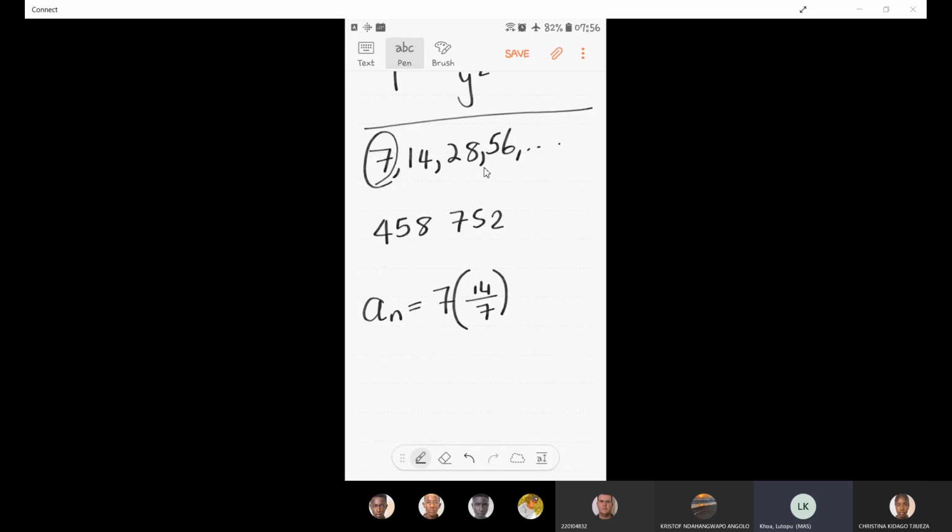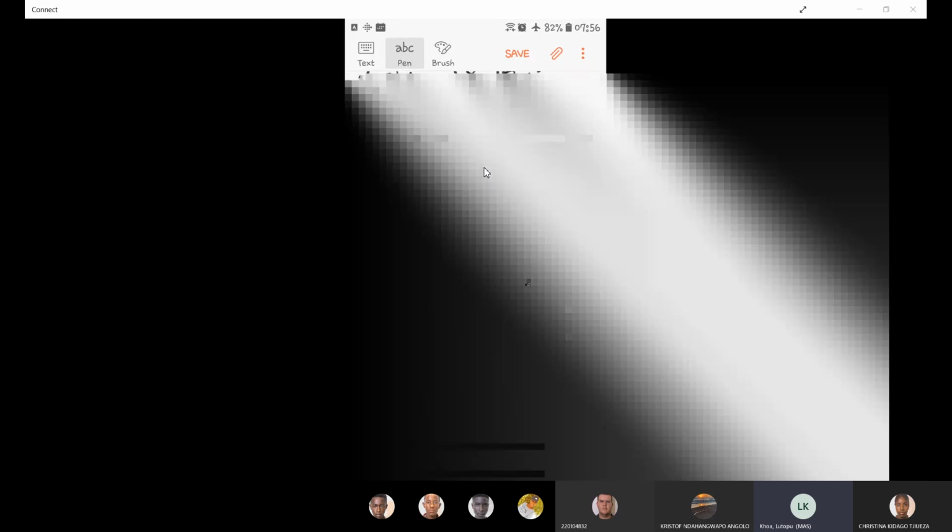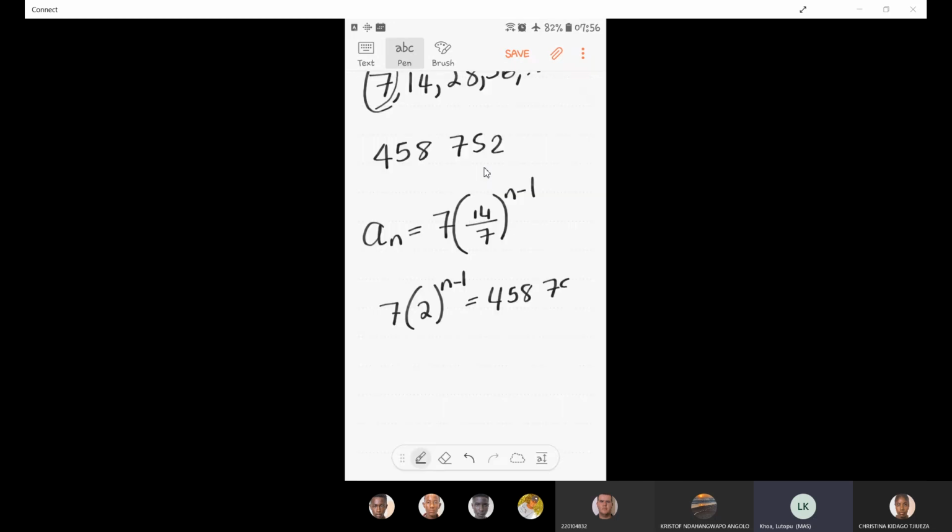And then I raise this to the power of n minus 1. This is the general formula for the nth term. So I have 7 times 2 to the power of n minus 1. This is equal to 458,752.